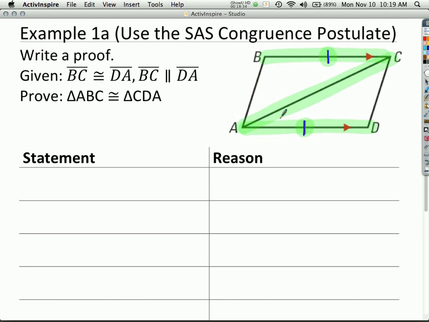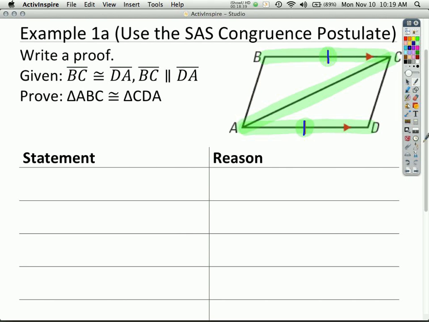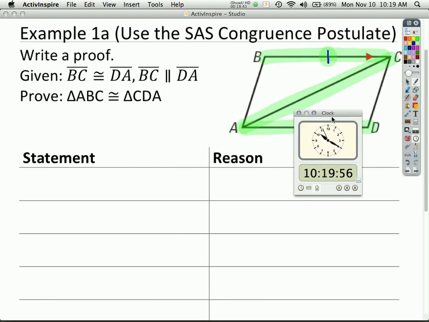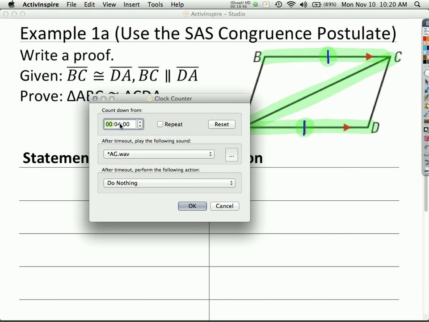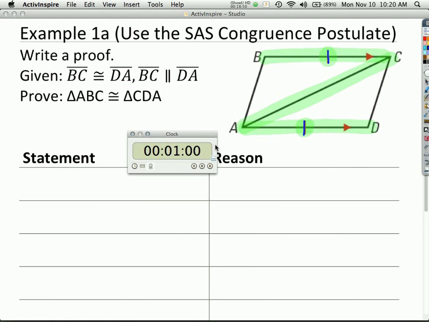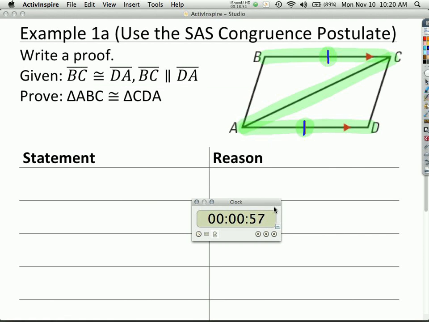So now I don't know how to get that angle. So you're going to have a minute of team talk to see if you guys can come up with a strategy. Remember, we're not talking about the proof yet, we're talking about logic. Team talk, and see what strategy you can come up with to get those angles congruent to each other.